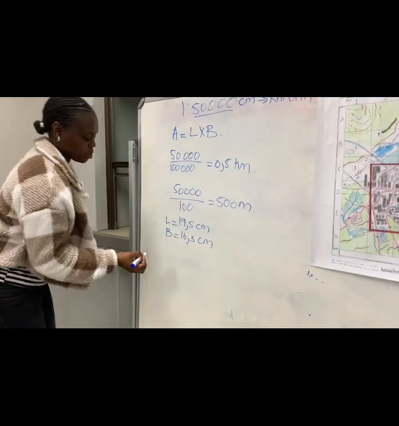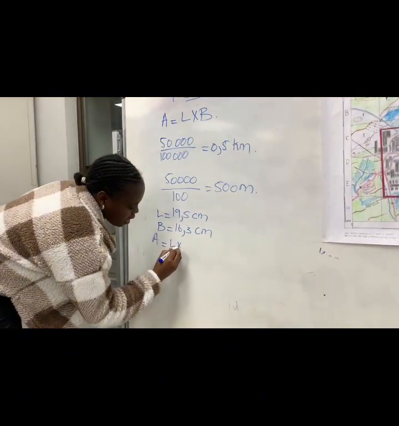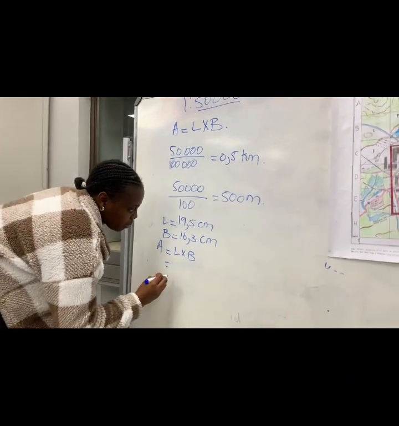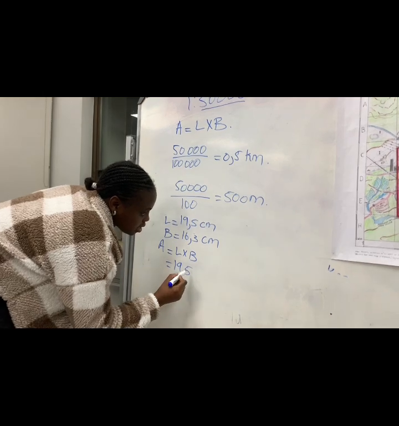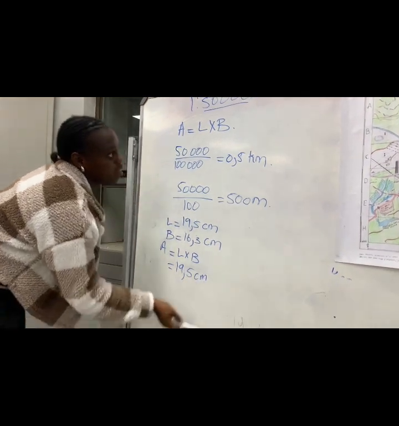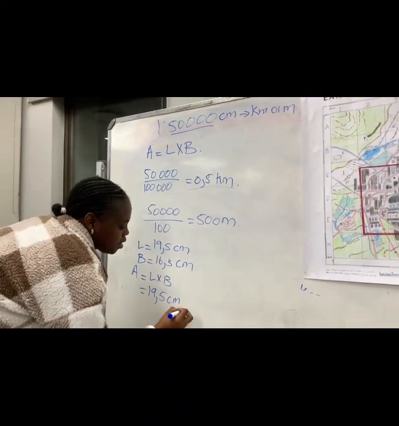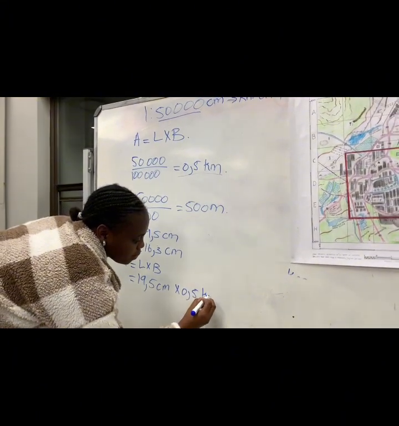Now we're going to say area is equal to length times breadth. So we must multiply the length, which is 19.5 centimeters, by 0.5, which is the scale, times 0.5 kilometers.